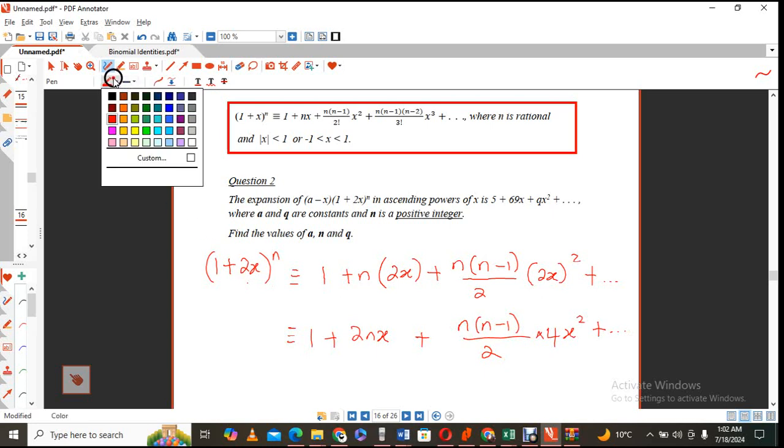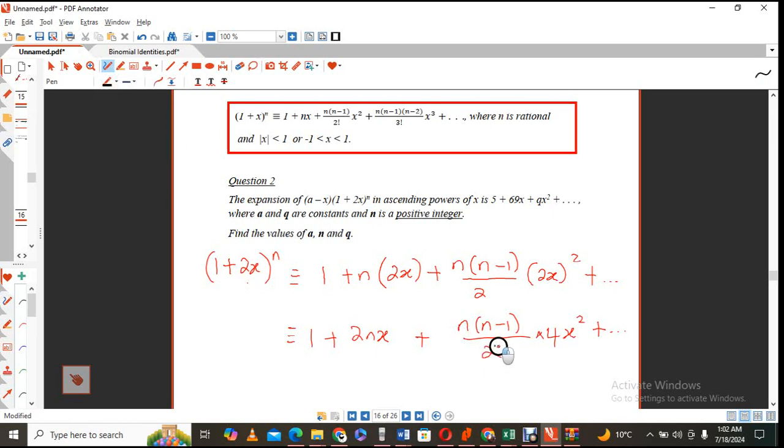Of course, the 2 goes into the 4 twice. So at the end of the day, I have 1 plus 2nx, plus n times (n minus 1) times 2x squared, dot dot dot. That's where I need to be.